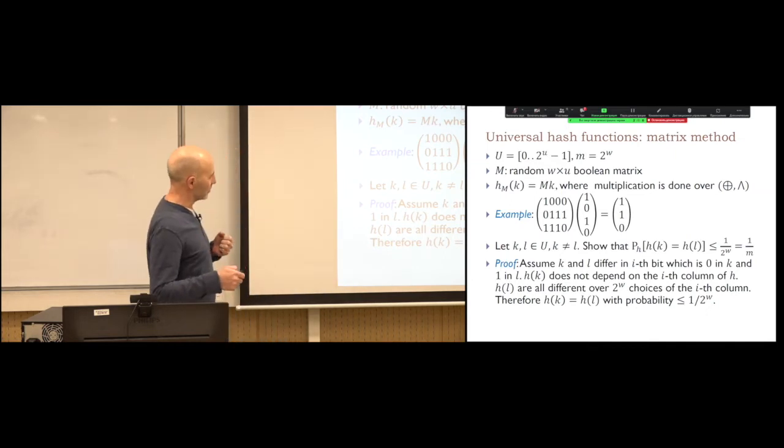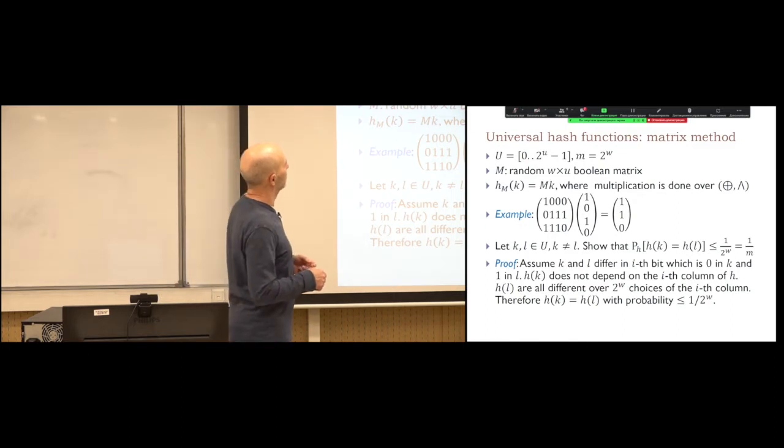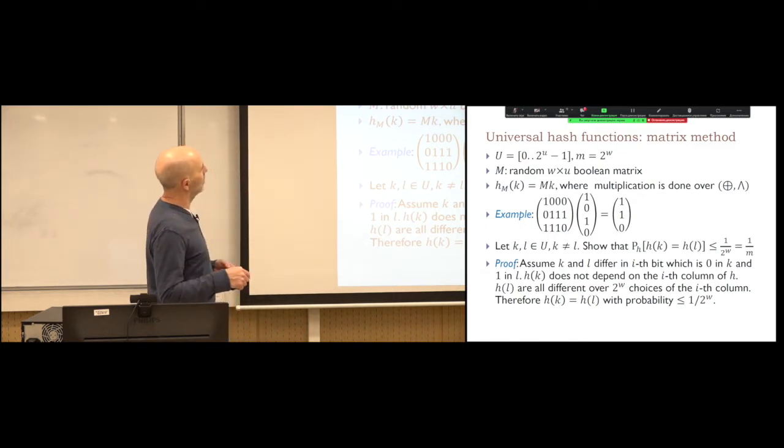So here is a construction of a universal family. We assume keys are u-bit numbers, and the size of the hash table is 2 to some w.